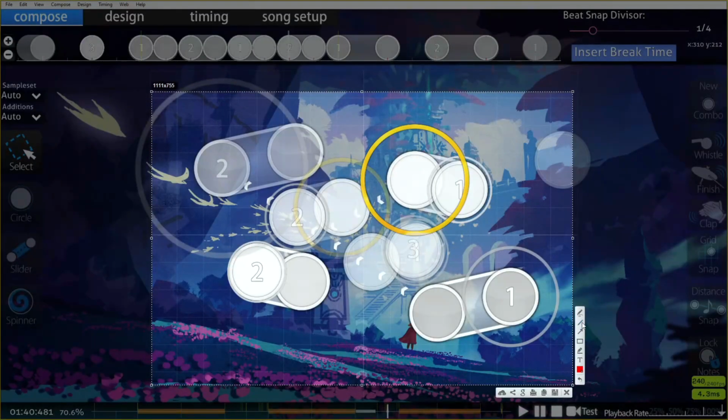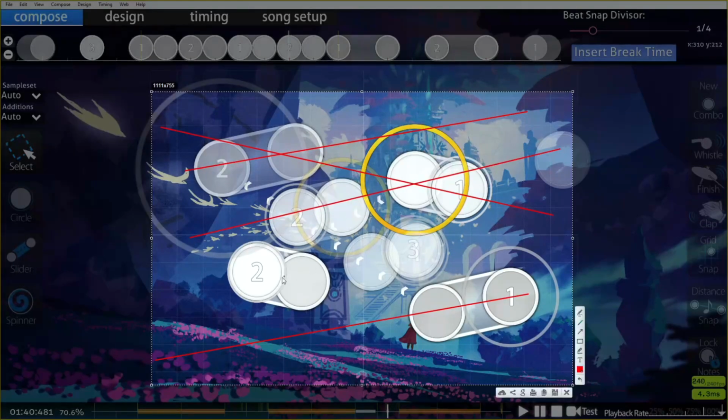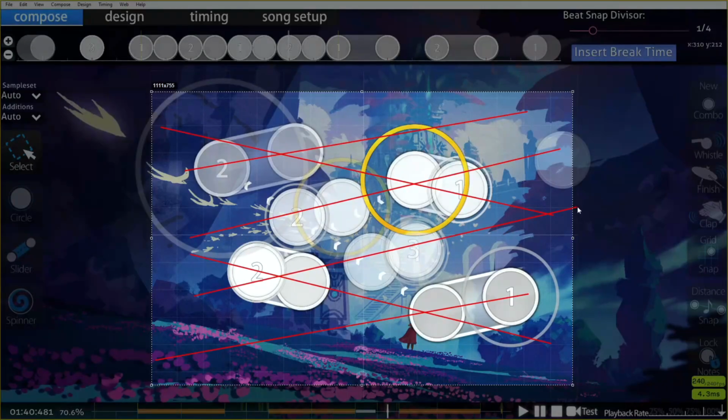Here, it's pretty much axis here as well, but it's just a lot more complicated, like this. This is bunch of parallel axes, like this.